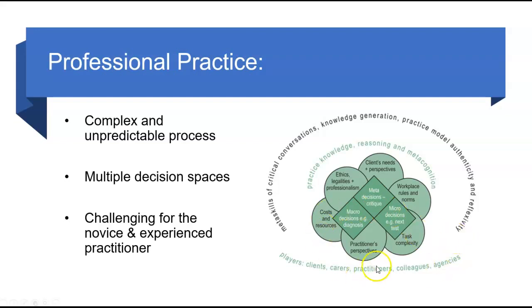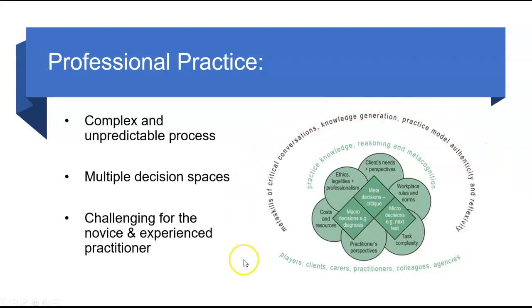Within this also we have your perspectives. How complex is this task that you're being asked to do? And then we have macro decisions such as diagnosis, meta decisions, which is critiquing what you're doing, and micro decisions. For example, what's the next test I need to do on my patient based upon the outcomes of what I just did? Where do I go next?